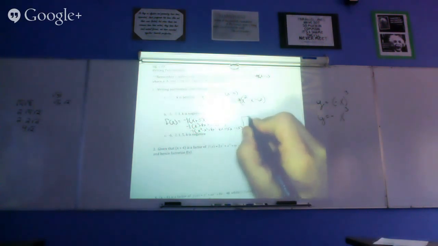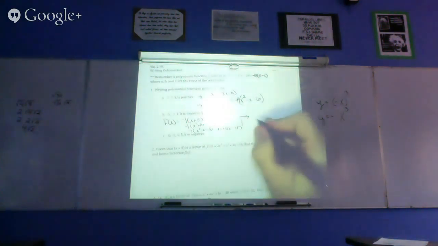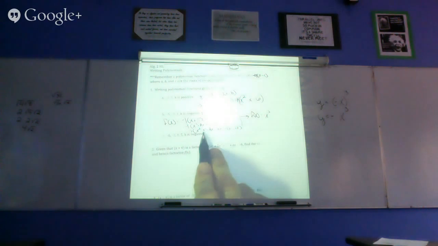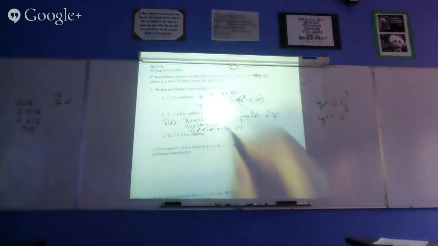If I multiply all of that by -1 and combine like terms, f of x is equal to negative x cubed, minus 7x squared.